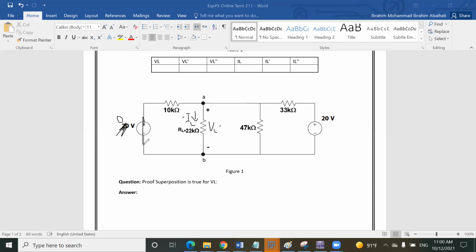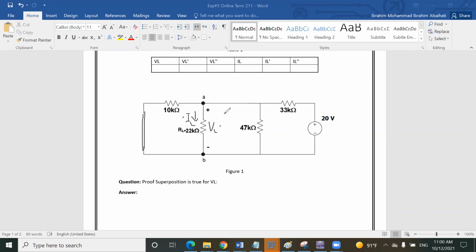So you have to remove the source and replace it with a line.